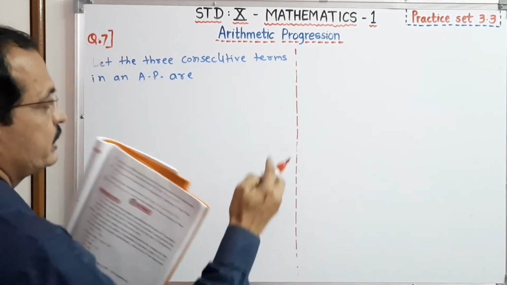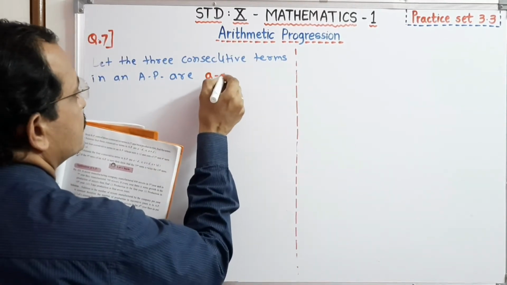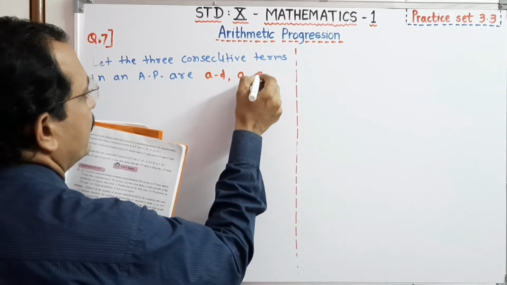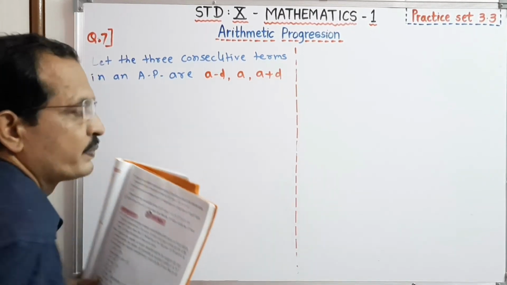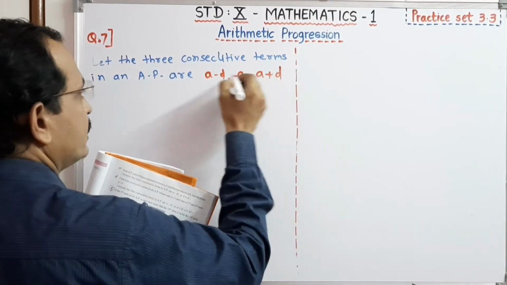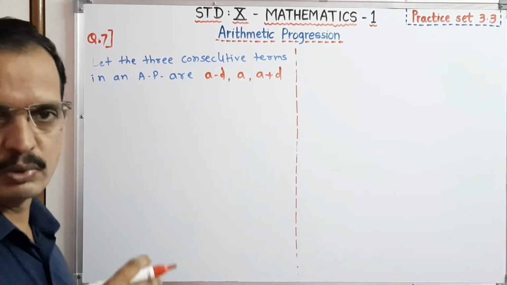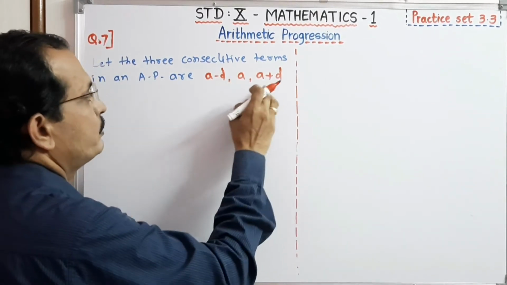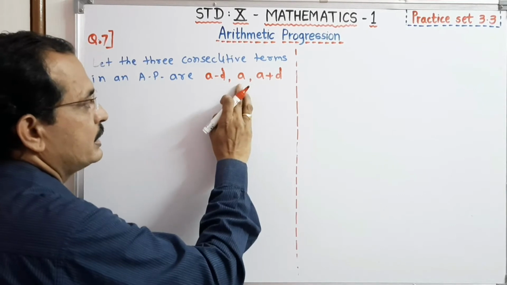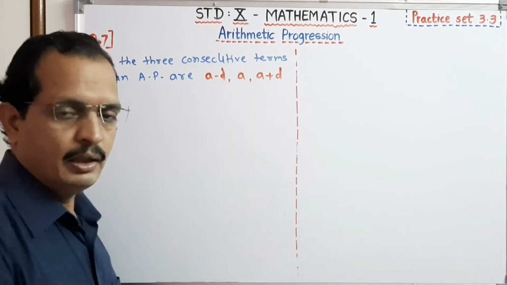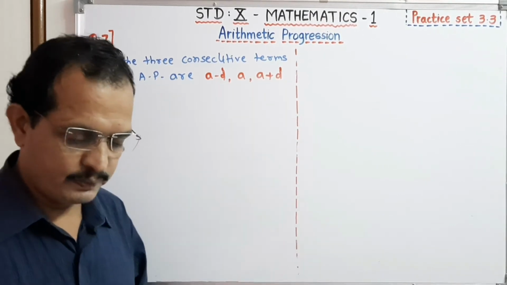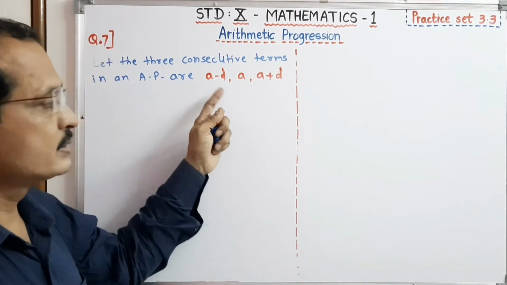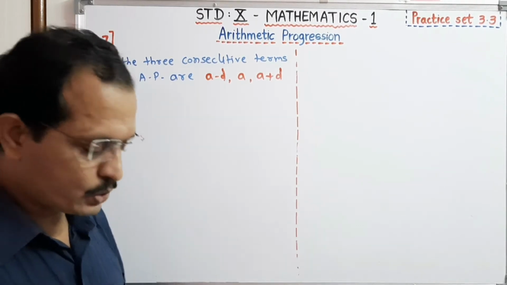The first one is A minus D, then A, and it is A plus D. It is already given. If it is not given, then also we have to assume like this. The first term will be A minus D, next one will be A, and the next one will be A plus D. If we assume this, then it will be easy to solve.